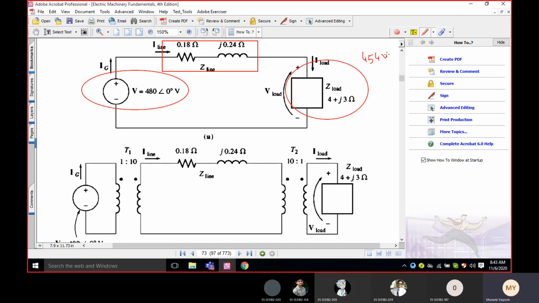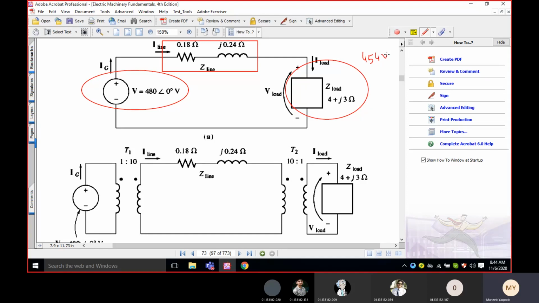The second disadvantage of this scheme is that there will be more I square R losses. There will be more line losses in this situation when we are not using a transformer. So in a part, they basically showed what the problems are that our transformer is addressing.